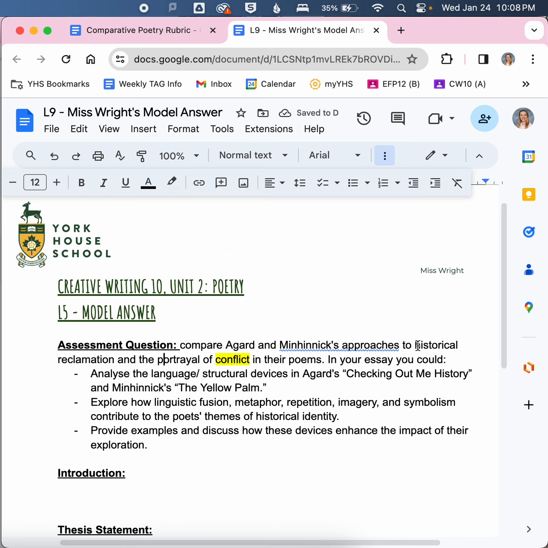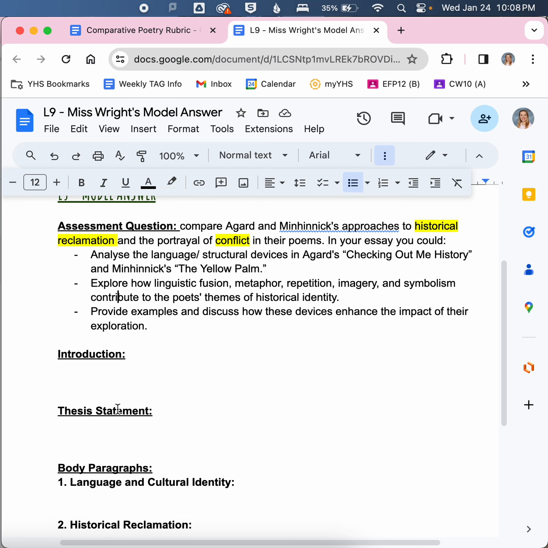And historical reclamation. Now, what I would expect you to do is, if there's vocabulary or phrases in the assessment questions that I'm giving you that you're not sure of, the first thing you need to do is define what those mean. Okay.